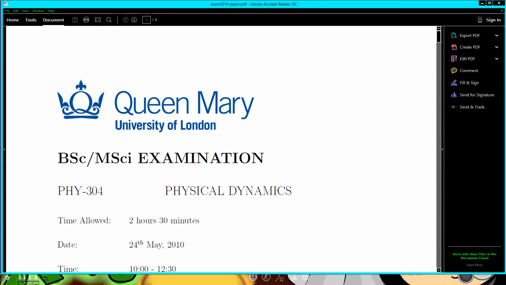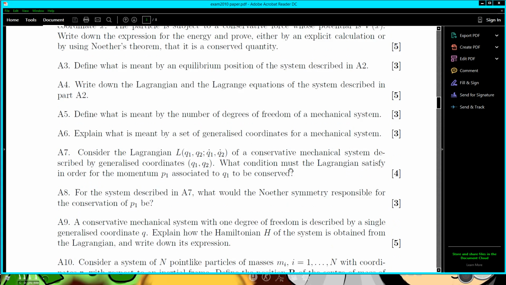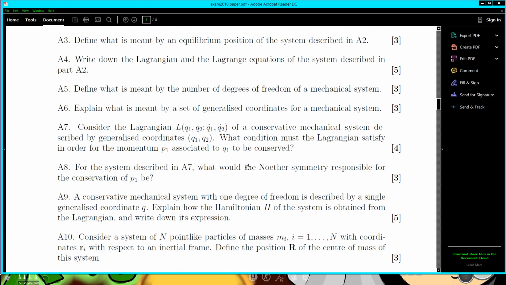So, in this exam paper, in the A section, as in many exams, you get A7 and A8 here. A8 is the actual question we're looking at. For the system described in A7, what would the Noether symmetry responsible for the conservation of P1 be? So we have to look at A7, of course, since it's describing the system. The system is being described here.